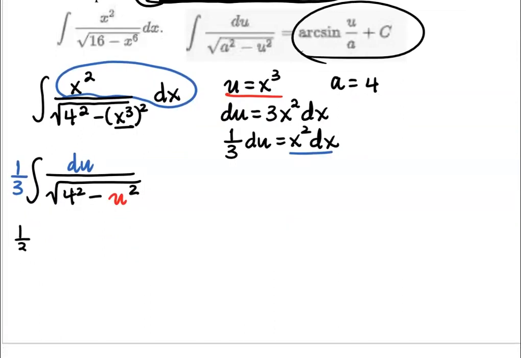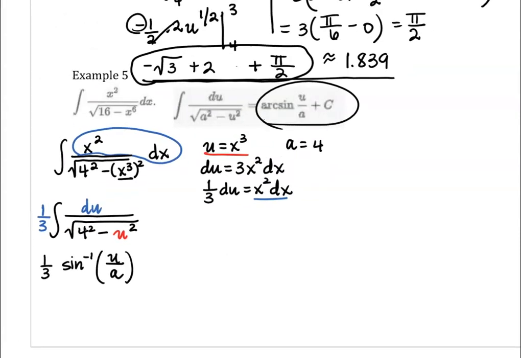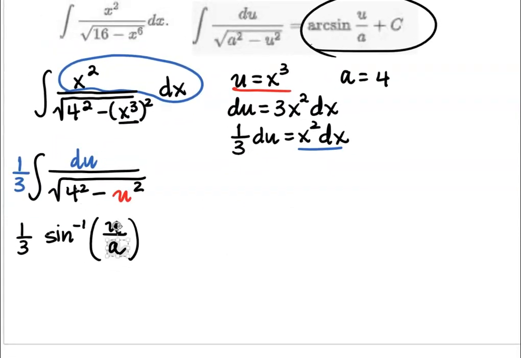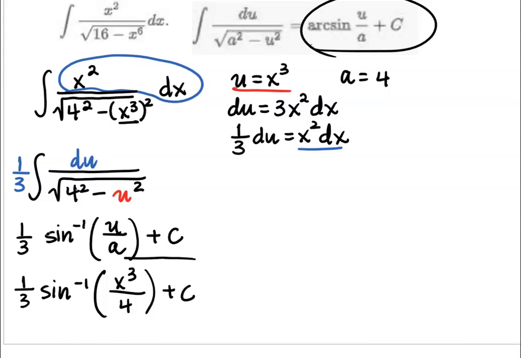I'm going to fill this out to give me 1/3 arc sine or sine inverse of u over a. Do we have limits? No, we don't have limits. Plus c. So I have 1/3 sine inverse of u is x cubed, a is 4, plus c, and there is our final answer.